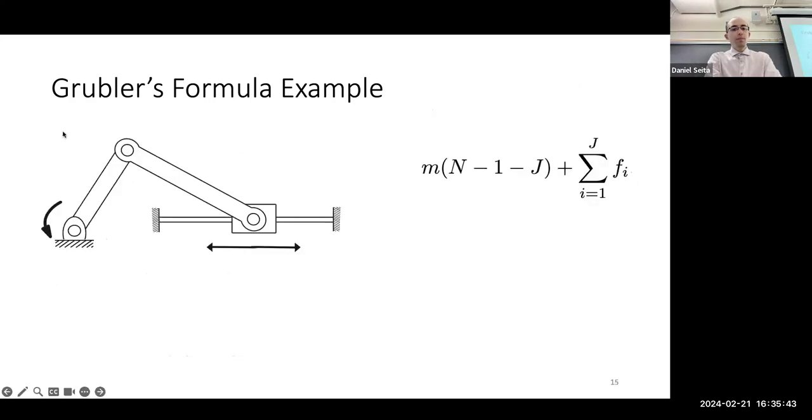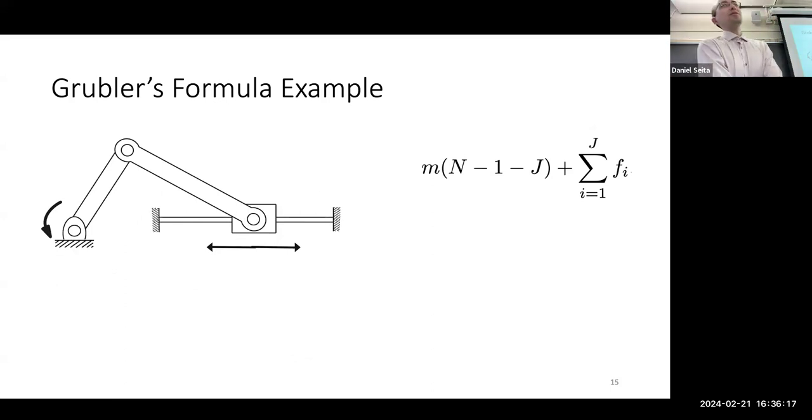What about this? The way to interpret this diagram is that this is ground, but the other jagged lines that you see there, they're also ground. So you consider them as the same link. They serve the function of stabilizing the robot. And what you see here is a revolute joint, but there's also a prismatic one that slides across this axis.